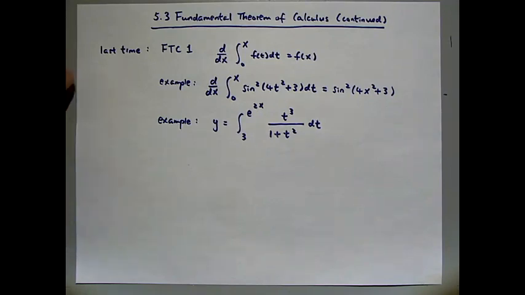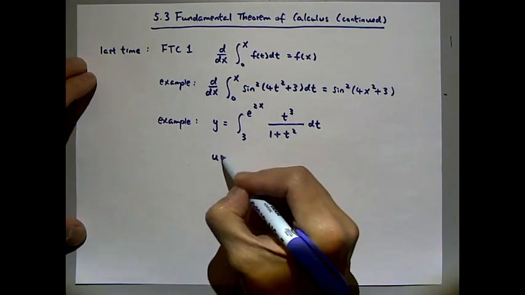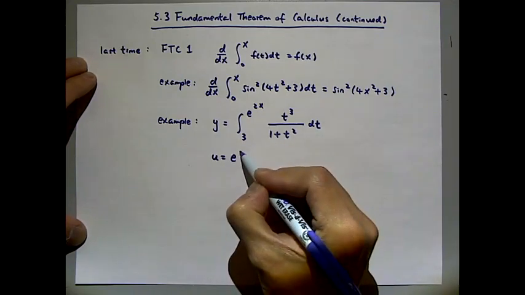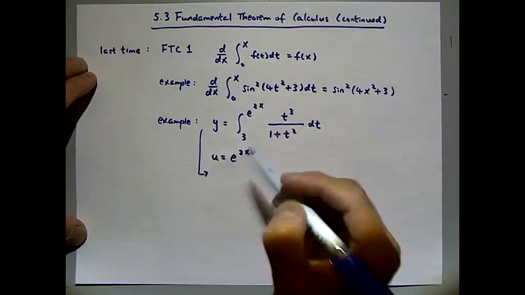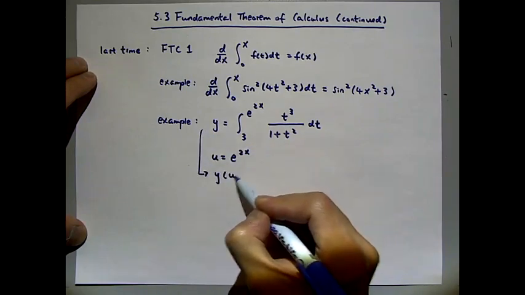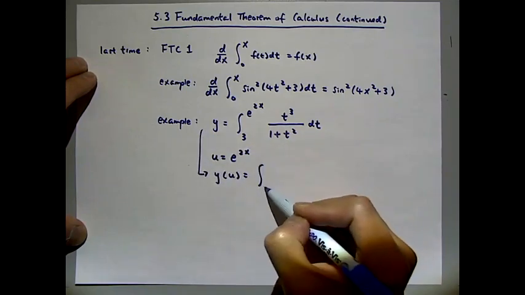Now remember, with the chain rule, we call that complicated limit a u. So this thing really is y in terms of a function, new variable u.